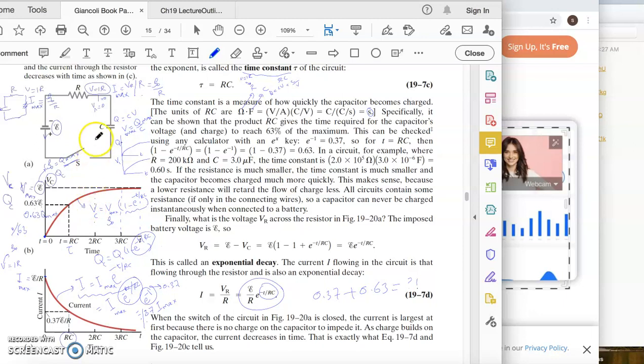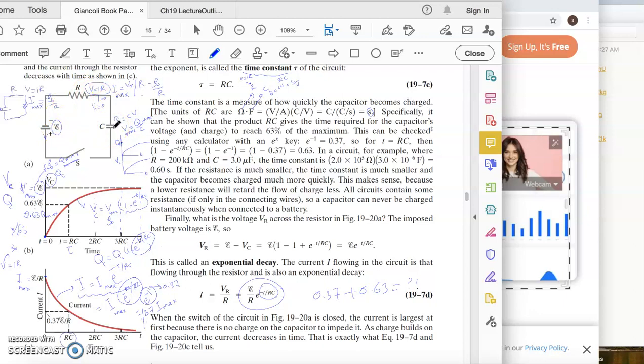What about the voltage across the resistor while the capacitor is being charged? If the voltage across the capacitor is increasing, what should be the voltage across the resistor? It should be decreasing. Why? Because the source voltage has a voltage drop across the resistor and a voltage drop across the capacitor.